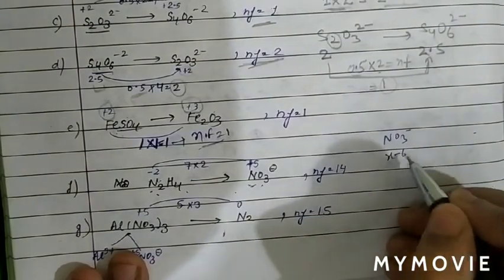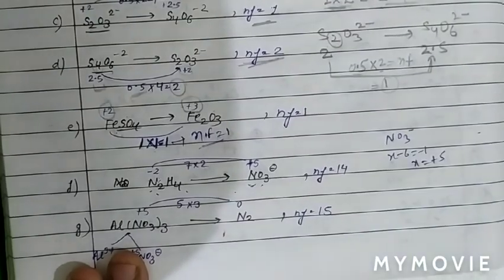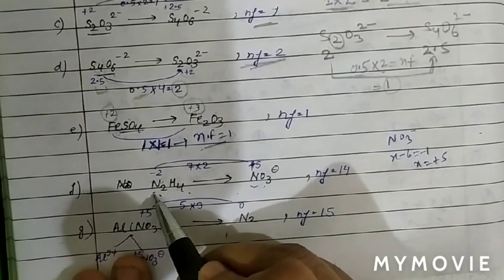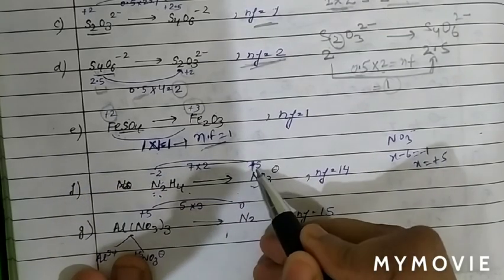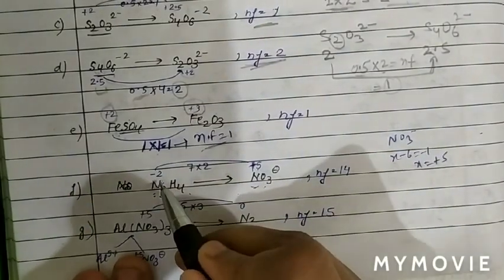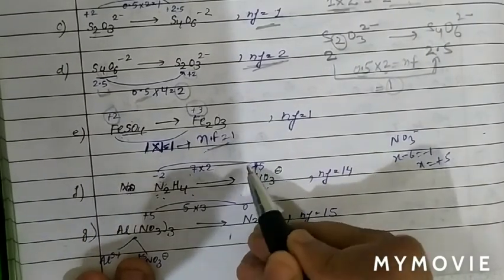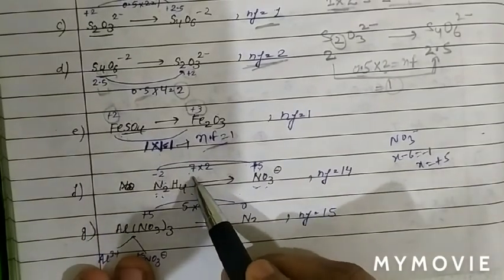Now we can see, for one atom the change in oxidation state is from -2 to +5. So first it goes from -2 to 0 and then 0 to 5. It means the change in oxidation state of the nitrogen atom is 7 for one atom.